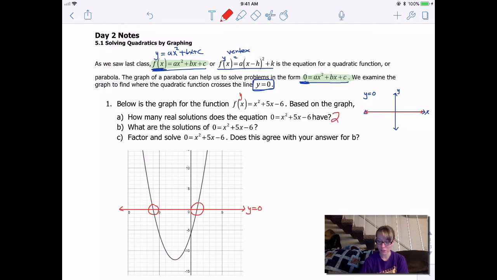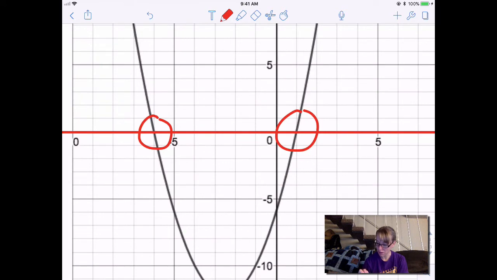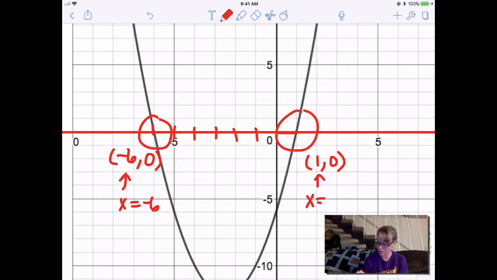What are the solutions of 0 equals x squared plus 5x minus 6? If we zoom in, we can actually see what those 2 points are. So this is the point 1, 0. It crosses right on a grid mark. And on the other side, we have 1, 2, 3, 4, 5, 6. So negative 6, 0. So those are actually our 2 places. It's when x is equal to negative 6 and when x is equal to 1.